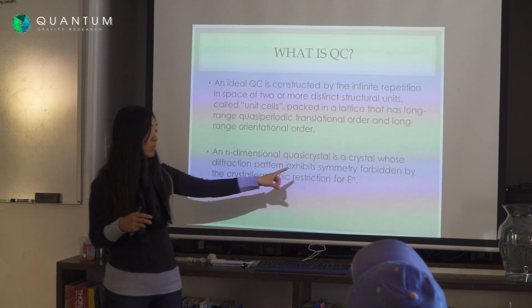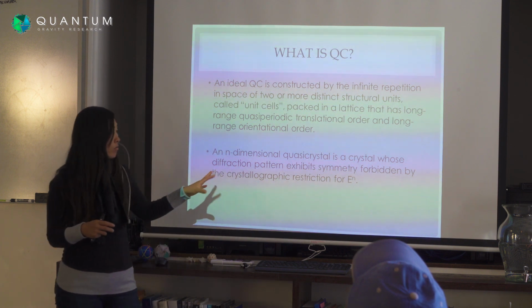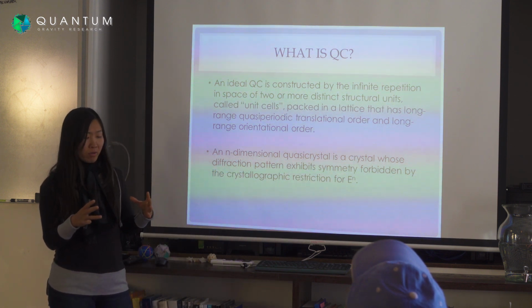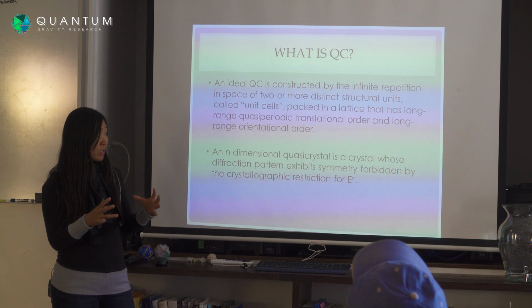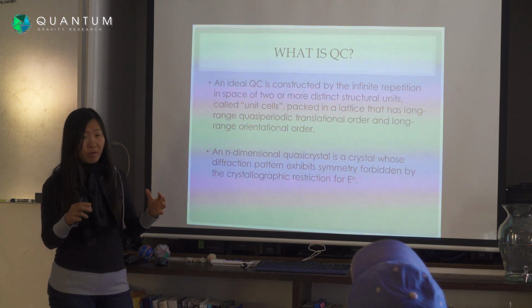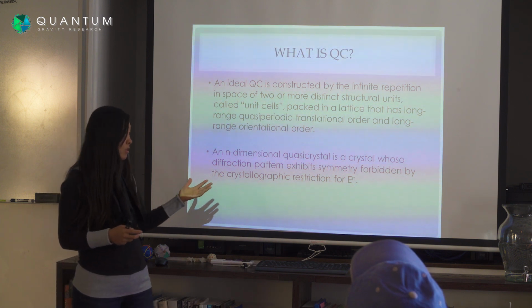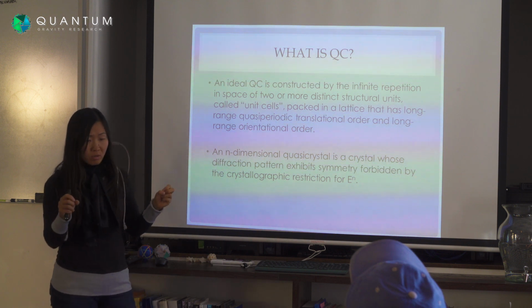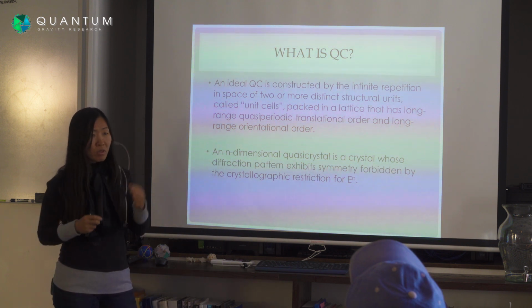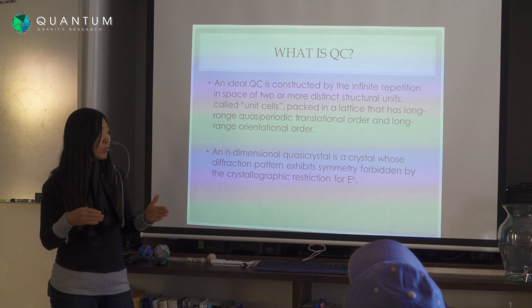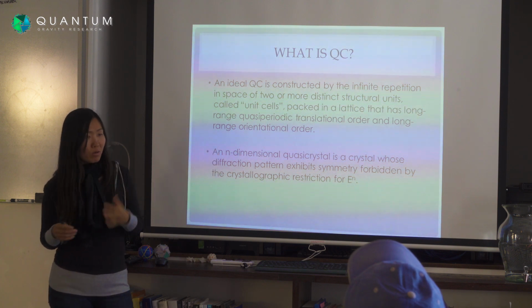So in E^2, if you have a structure or lattice that has a 5-fold symmetry, and its diffraction pattern shows discrete 5-fold symmetry, based on this definition, that would be a quasicrystal.